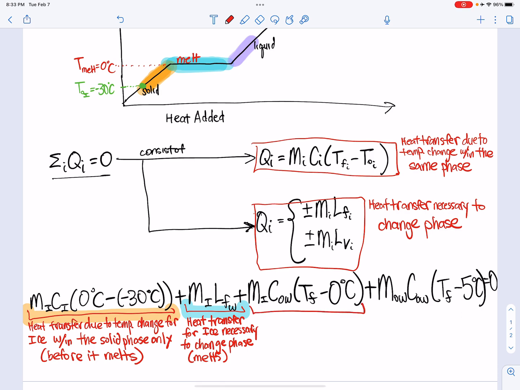All right, this part of the equation is the heat transfer for ice due to temperature change within the liquid phase only, or after it melts.